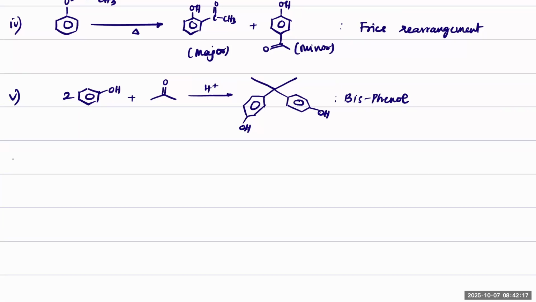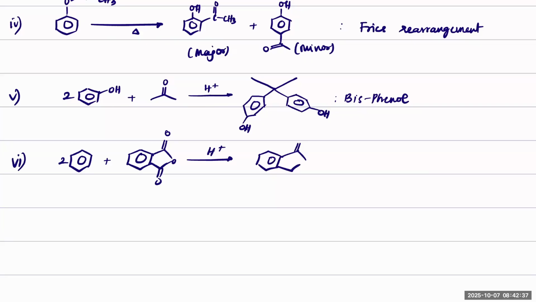Same case we can do with phenolphthalein. So if I take 2 moles of this compound and treat with an anhydride, this is called phthalic anhydride, in acidic medium. So you will get phenolphthalein formation. Double bond O here.